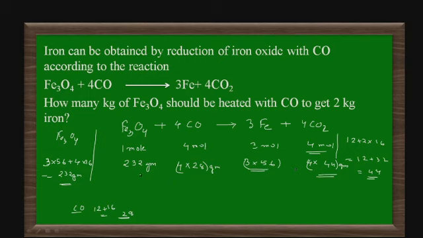That means 232 gram Fe3O4 reacts with 4 into 28 gram carbon monoxide to give 3 into 56 gram Fe and 4 into 44 gram carbon dioxide. Now in this question we need to calculate how many kilogram of Fe3O4 should be heated with carbon monoxide to get 2 kg of iron.